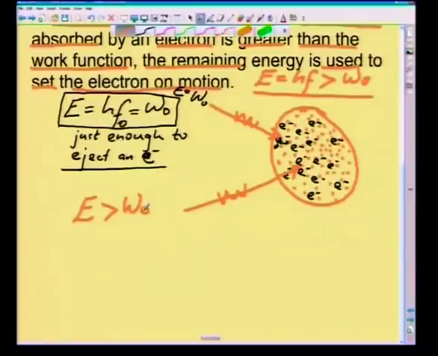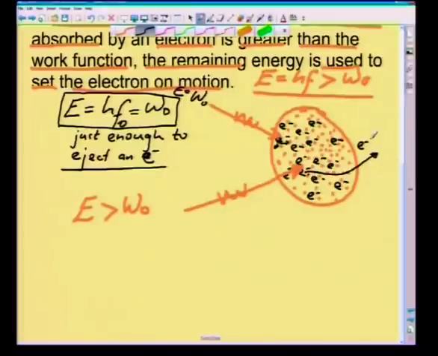So hf is greater than W0. What is going to happen to that electron? When this energy hits an electron there, that electron is going to be ejected, and not only ejected, but then it will move off the surface of the metal. Why? Because it has gained enough energy to do that. We can explain that further.